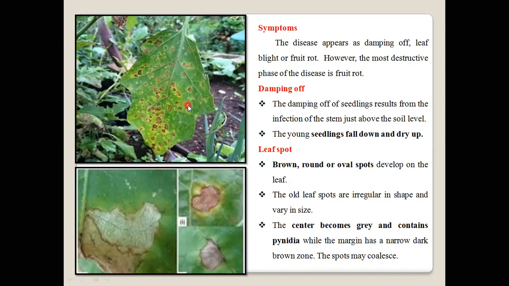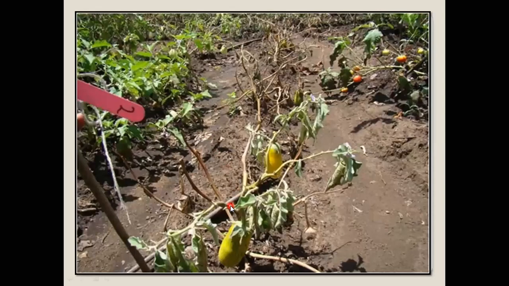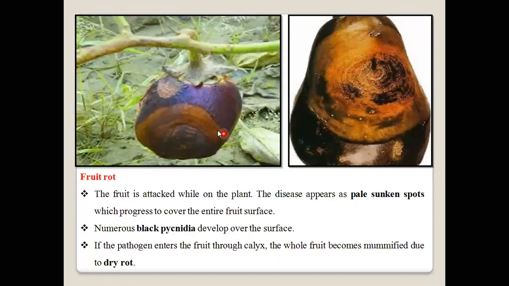In this way, the majority portion of the leaf gets infected and shows a blight appearance. Then this fungus also develops symptoms on the branches or twigs of the brinjal and finally reaches the fruit portions. You see these infected fruits. Initially, symptoms appear on the developing green fruits of the brinjal.